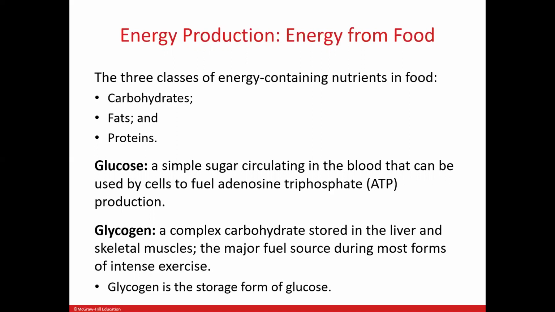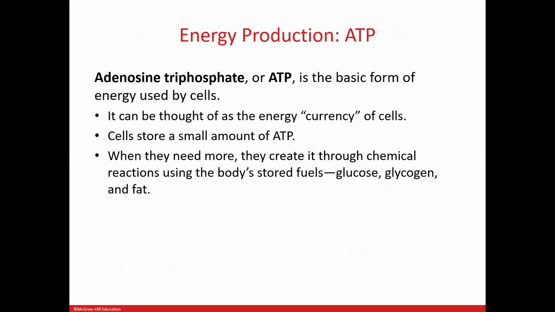So glycogen is the storage form of glucose. So ATP is just a basic form of energy used by cells. It's almost like an energy currency of the cell. Cells store a small amount of ATP, and when they need more, they just create more energy by utilizing glucose, glycogen, and fat.